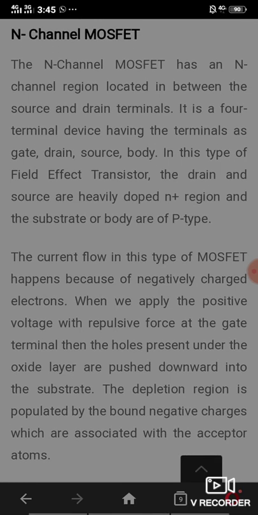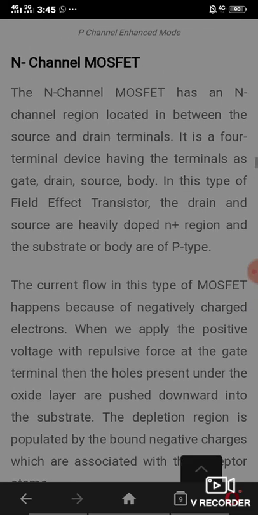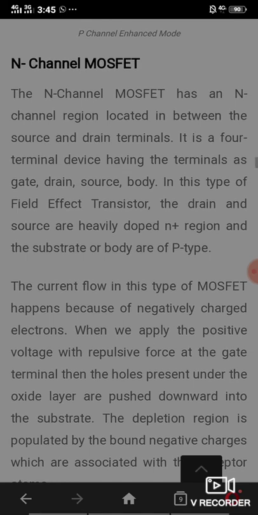Apply the positive voltage at the gate terminal, then the holes present under the oxide are pushed downward into the substrate.